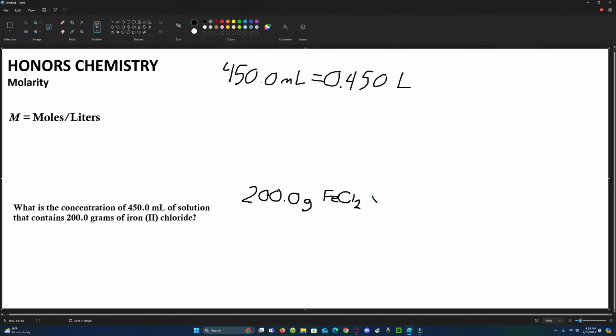And then we just do the mole conversion thing. So we have 1 mole FeCl2. And then we need to put the molar mass, which in this case would be 126.9 grams of FeCl2.